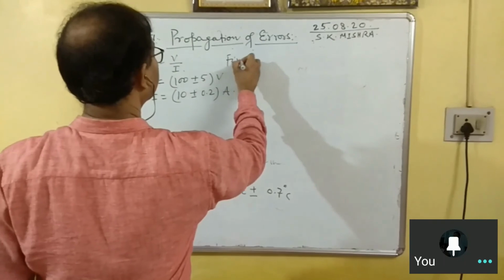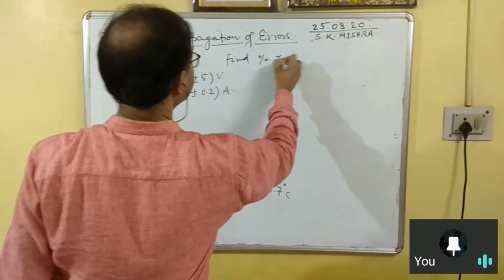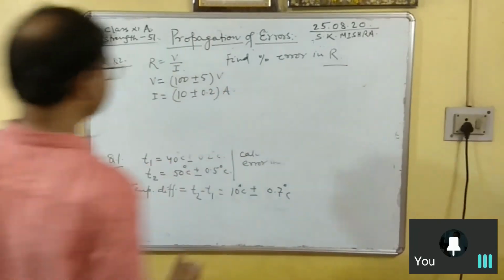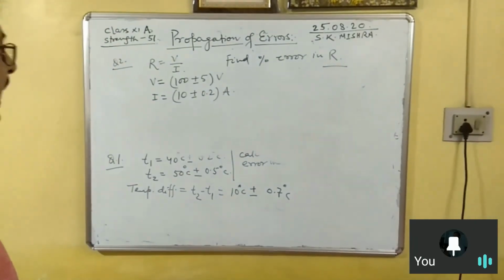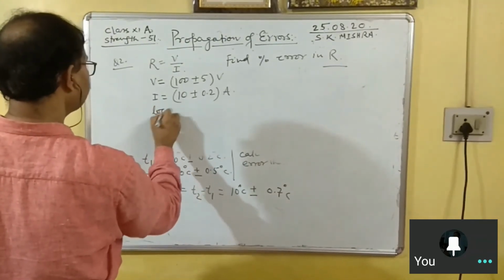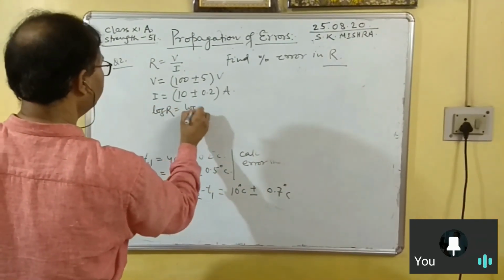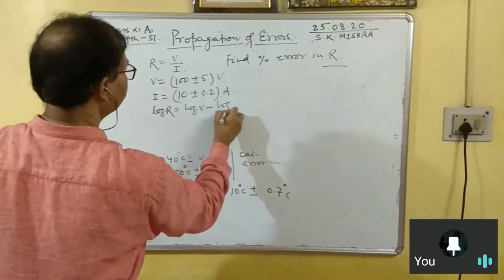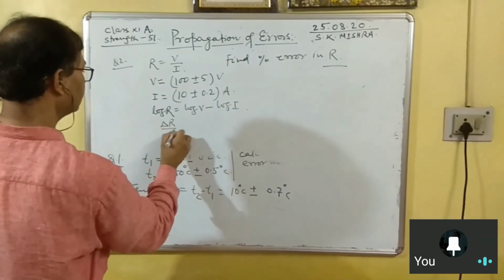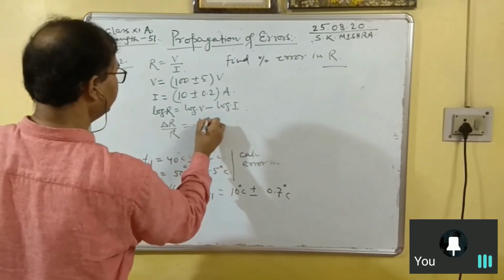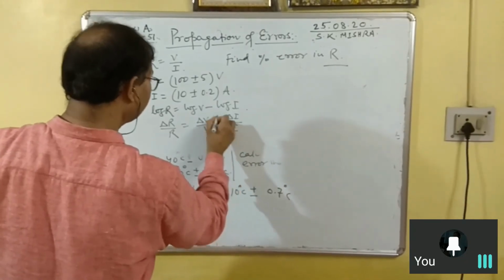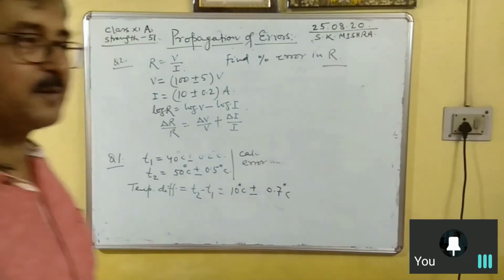Find the percentage error in R. Okay, resistance. You know the formula R is equal to V by I. So you can write log R is equal to log V minus log I. Then differentiate it. This is delta R by R, delta V by V minus delta I by I. So make it plus, because error will never be subtracted.